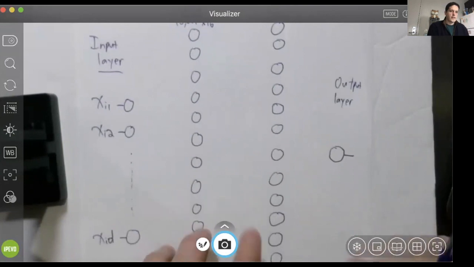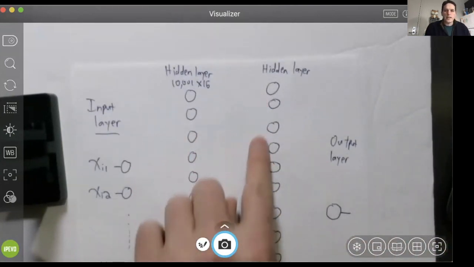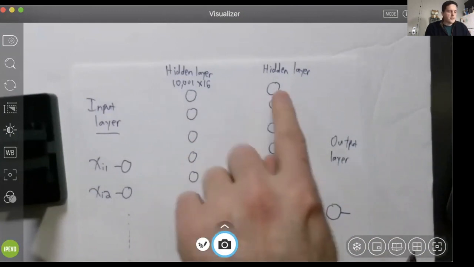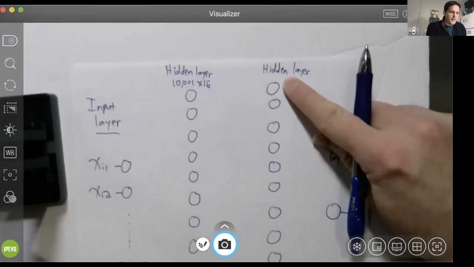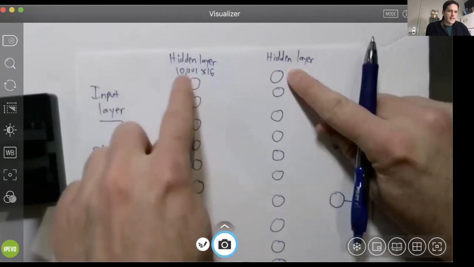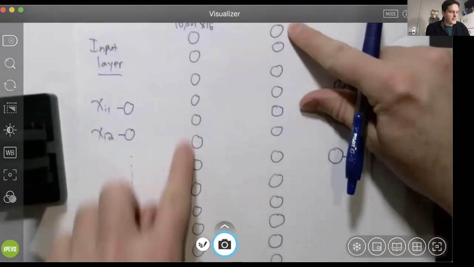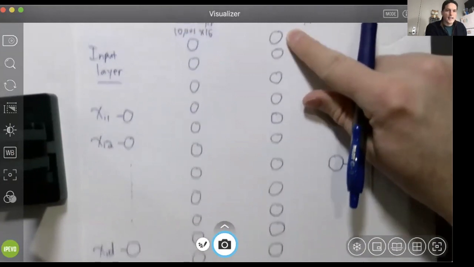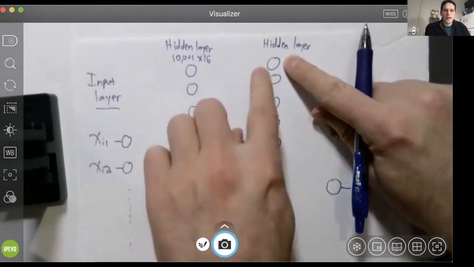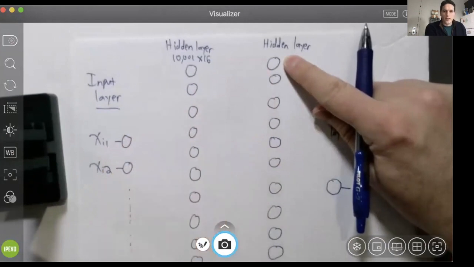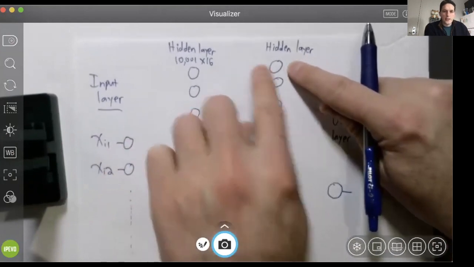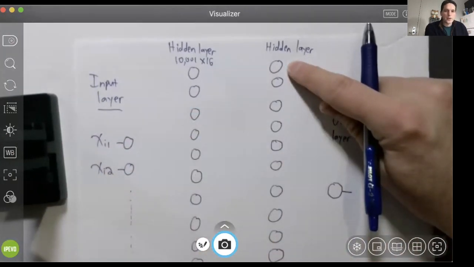Now, let's count how many parameters there are in the second hidden layer. How many parameters are there for this node right here? This node is going to take all the outputs from the previous layer. That's a vector with 16 components, and it's going to compute a dot product against that vector. That means that the weight vector for this node has to have 16 components.